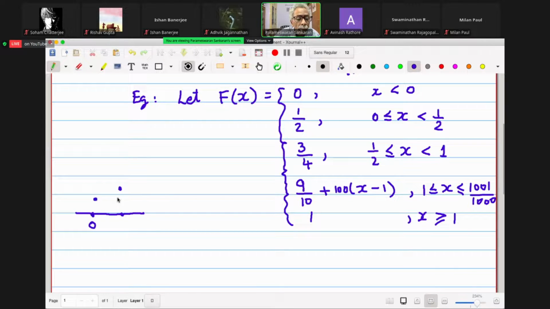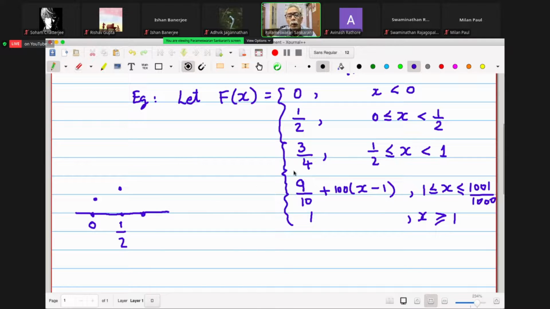In between nothing happens, so it looks like a step function. So this is 0, half. Didn't mean to spend too much time, but let's just draw 3/4 here.